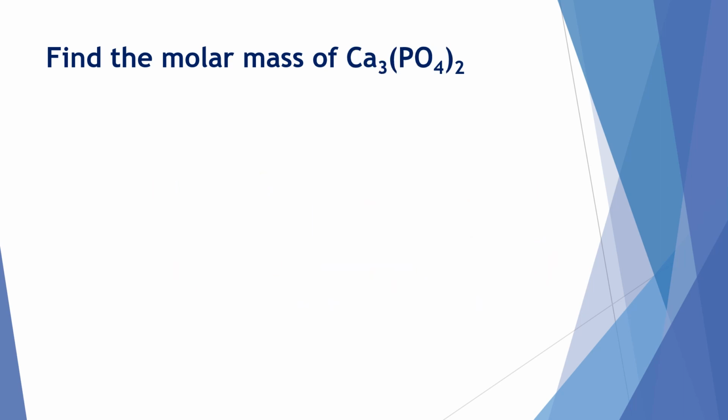Find the molar mass of calcium phosphate. So you have 3 times calcium, which is 40.08, plus 2 times phosphorus, which is 30.97, plus 8 times 16.